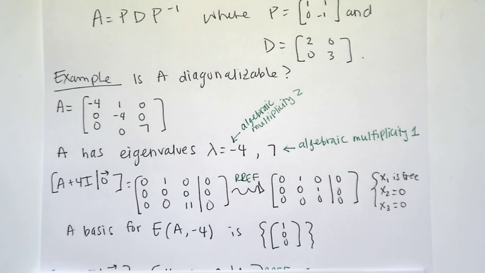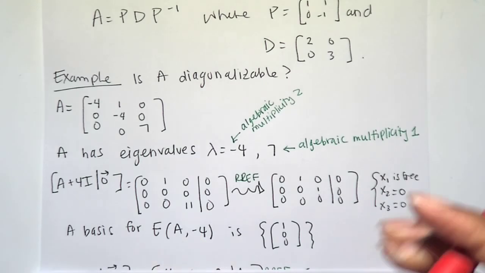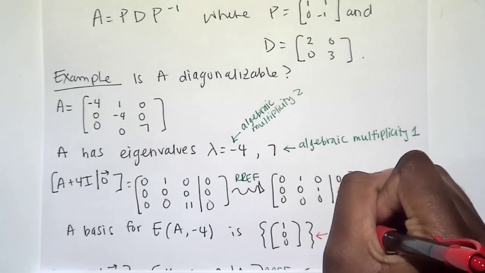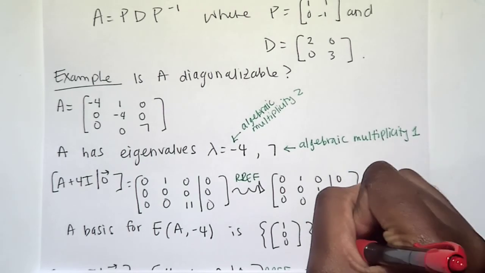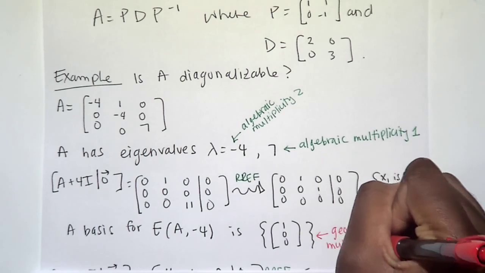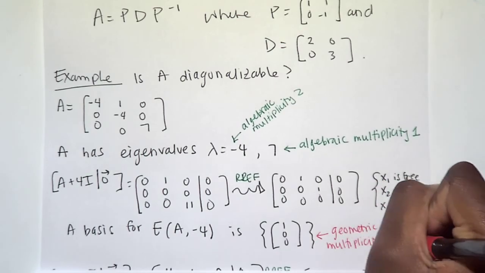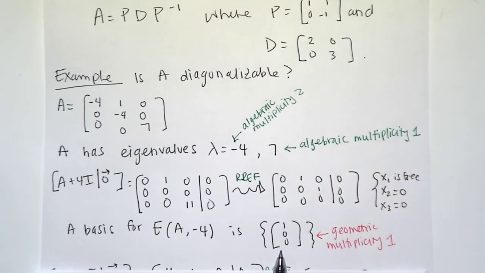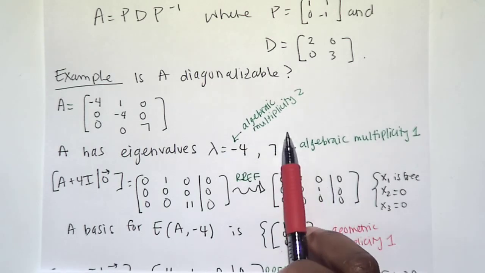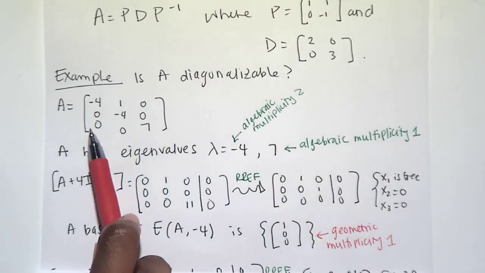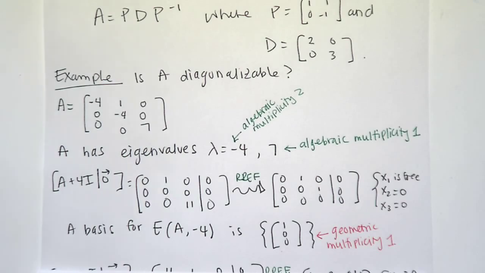However, the dimension of our eigenspace for eigenvalue -4 has geometric multiplicity 1, since there's only one element. And since 1 is less than 2, that means that our matrix A is not diagonalizable.